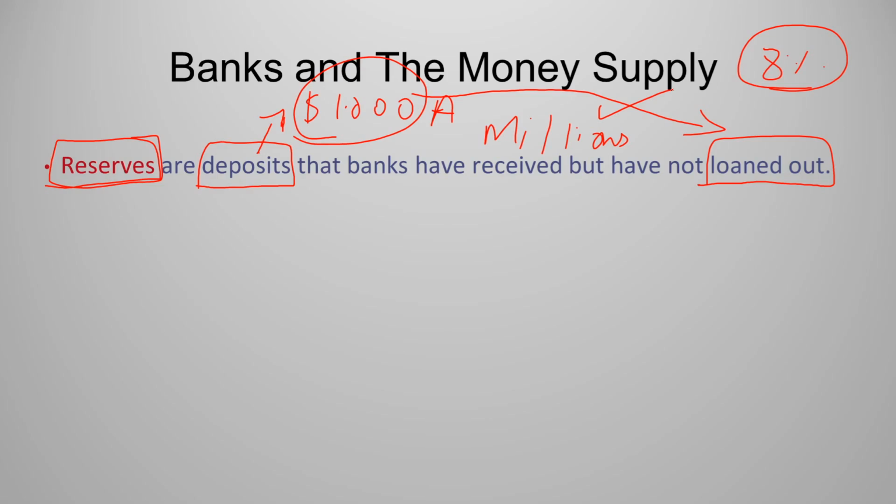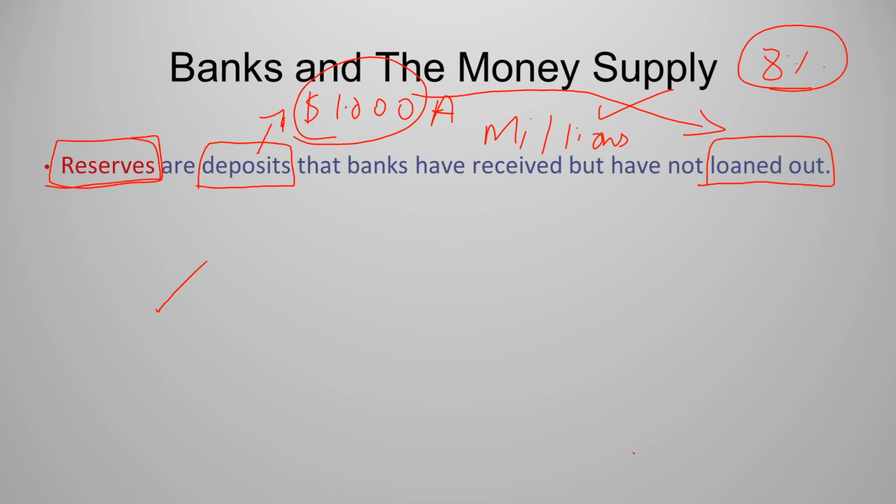So to make sure that the system works smoothly and doesn't collapse, the central bank gives out a reserve ratio, which is in the form of reserves. What I mean by that is that the central bank tells commercial banks that they have to keep a certain amount of their deposits as reserves, and it gives out a percentage.